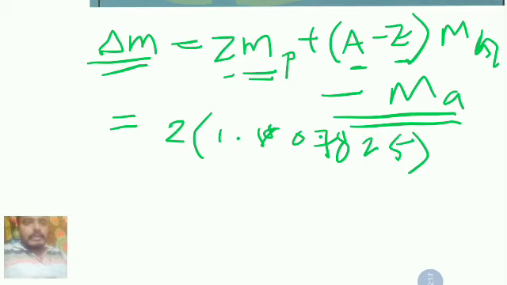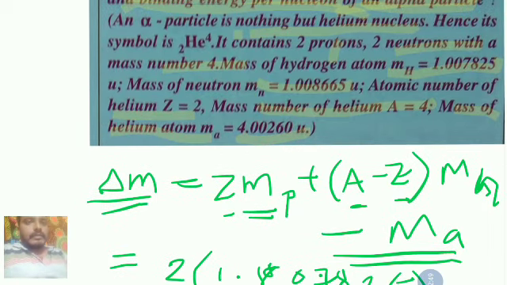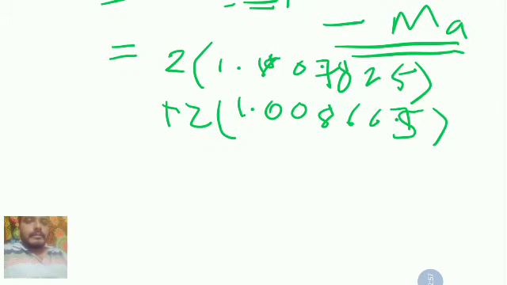The given mass of proton is 1.007825, and mass of neutron, how many neutrons are there? Here also 2 neutrons are there. So plus 2 into the mass of the neutron, given as 1.008665, and he gave the mass of the helium. So minus mass of the helium, 4.00260.